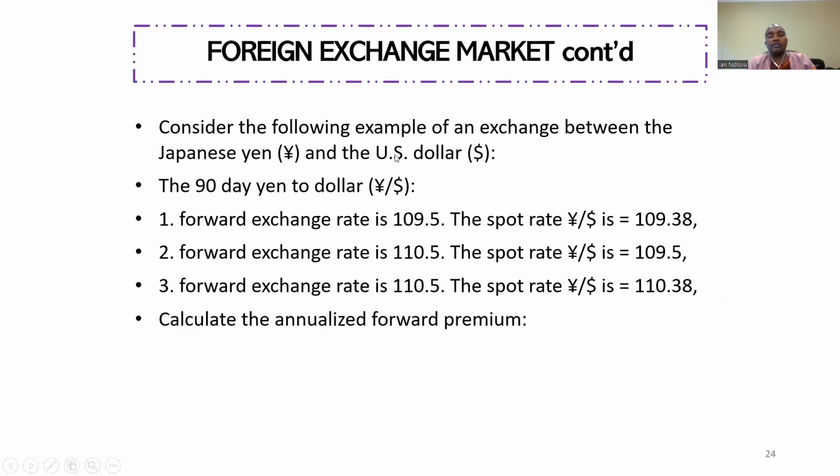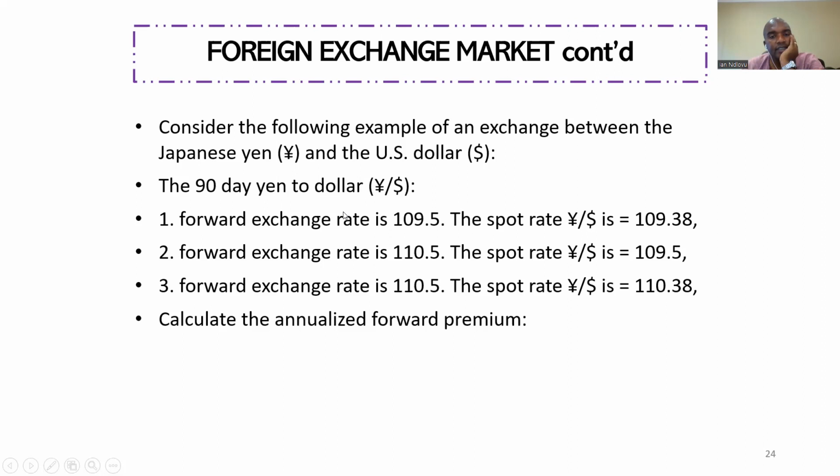So we consider the following example of an exchange between the Japanese yen and the United States dollar. And we postulate that the 90-day yen to dollar rate, which is a forward rate, is also given.